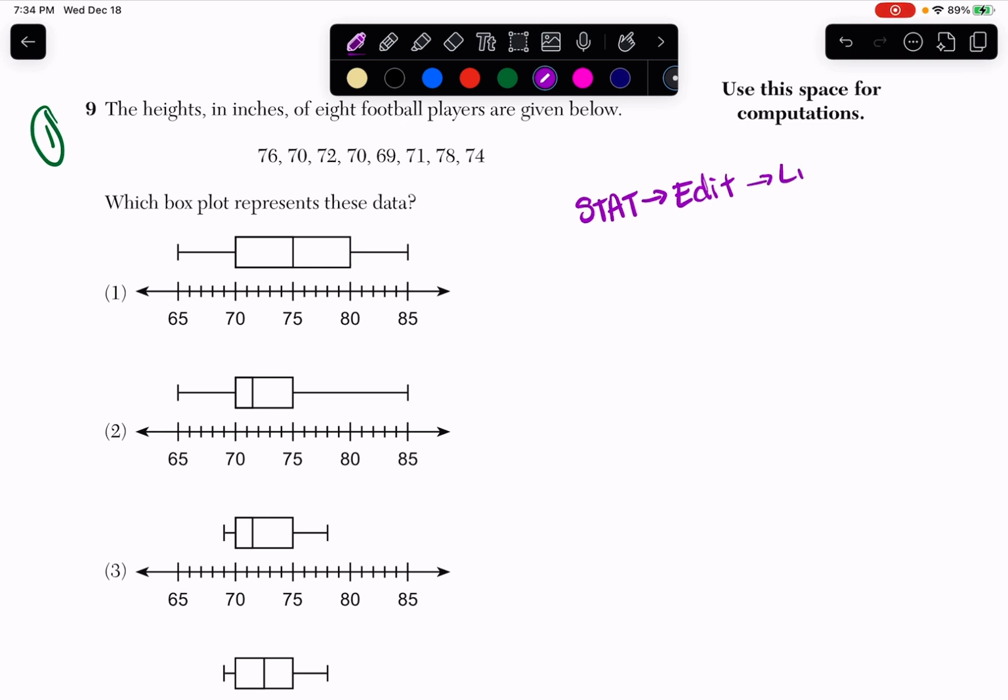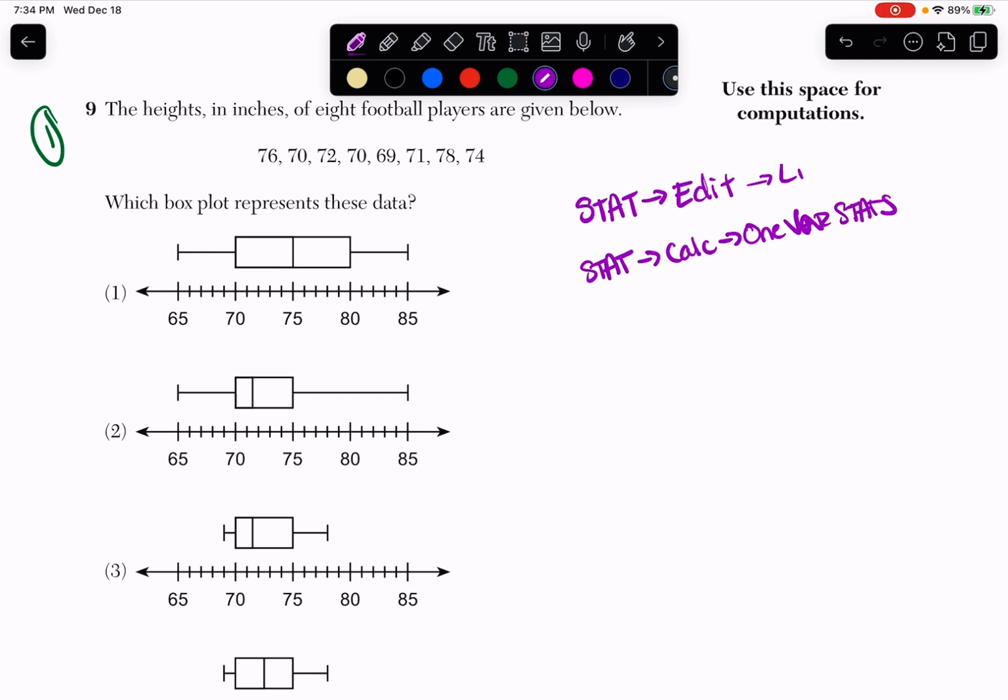And now to find my 5-number summary, I'm going to click Stat again, Calc, and one variable, Stats. So Stat, Calc, one variable, Stats. And then that will bring me to a screen that gives me a variety of things.